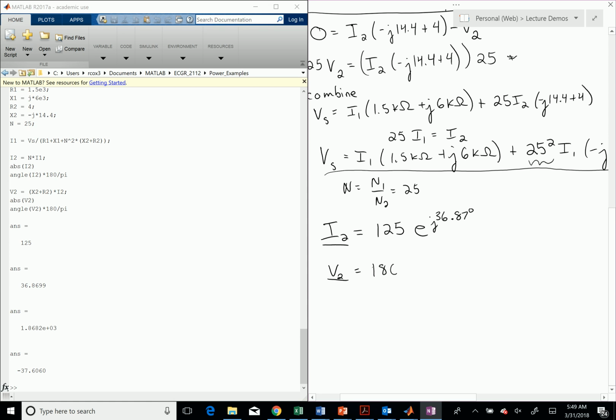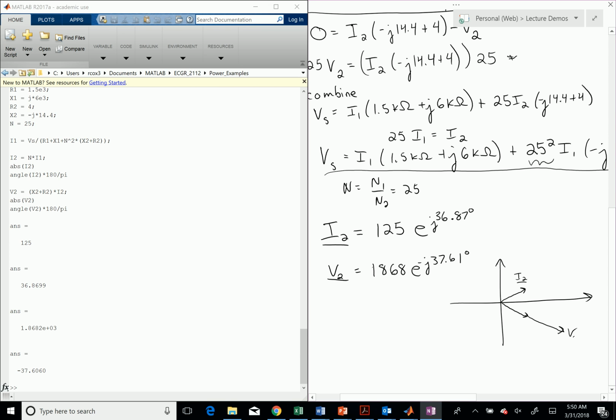And for V2, looks like I got 1,868 with an angle of negative 37.61 degrees. Okay, so if I draw my phasor for that, right, this would be my I2, and then my V2, the negative 37 degrees would be somewhere down here and a lot bigger, right?